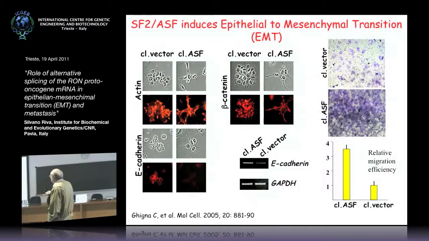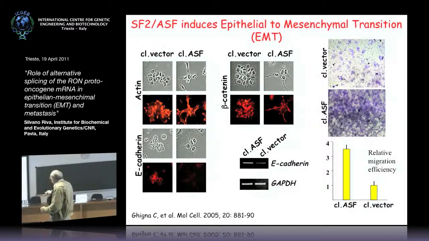For example, beta-catenin is normally nuclear, and it redistributes in the cytoplasm. The cytoskeleton modifies, so actin distribution is modified, and E-cadherin, which is a typical marker of aggregation, the level of E-cadherin decreases a lot.